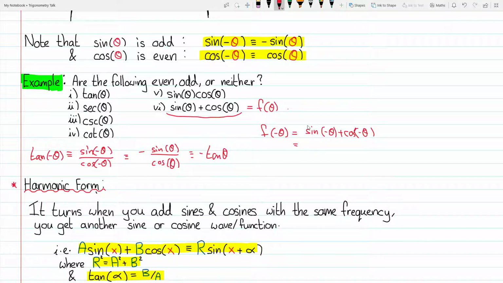Well, we can use the property of sine, because sine is an odd function, so we can pull out this negative. And we can use the property of cosine, because cosine is an even function, that we just ignore the negative. But this doesn't equal this, and it certainly doesn't equal, or isn't identical to, minus.